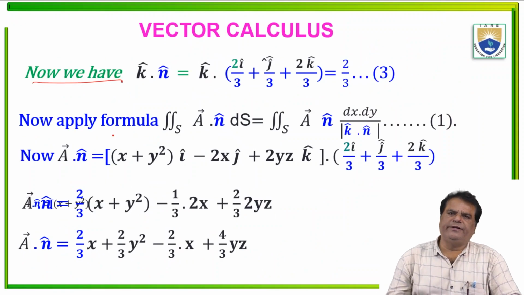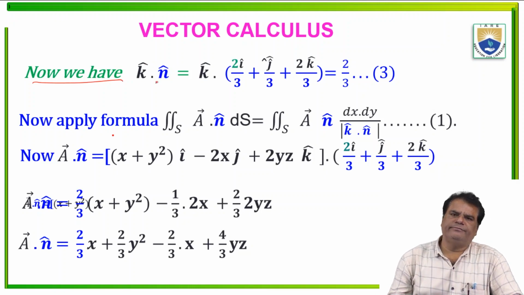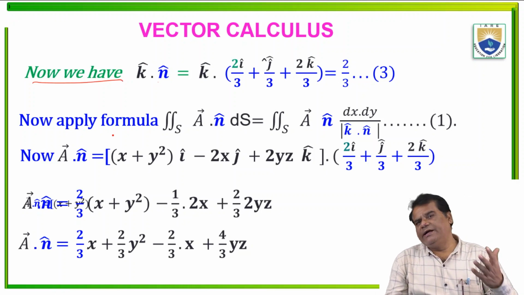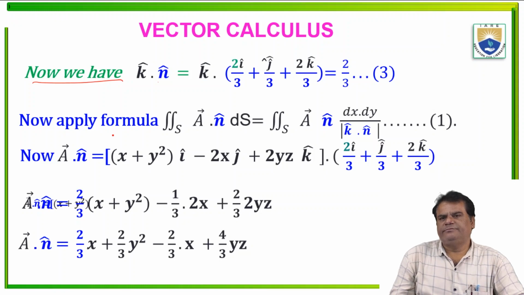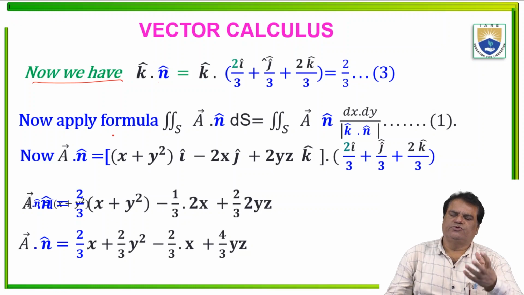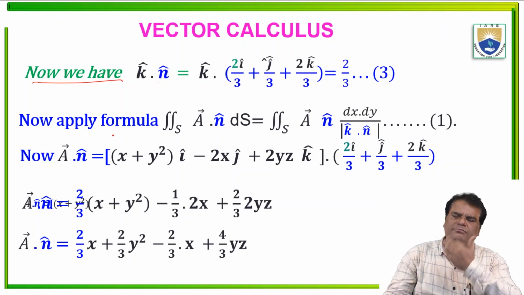Now the next point, we find k dot n. How can we find k dot n here? What is the reason for k dot n? Our surface is the xy plane, so it is perpendicular to the k direction.